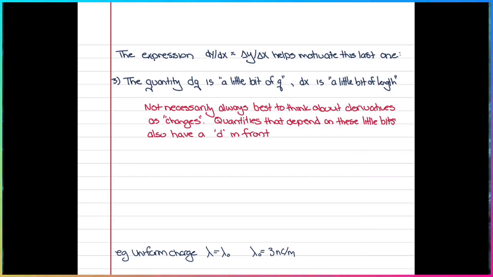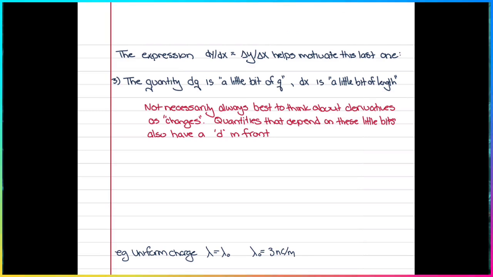What you might start to think about is that when I write a quantity dq, what that means is a little bit of q, a very tiny amount of q. dx, if x is a length, is a tiny little bit of length, like a nanometer compared to a meter.